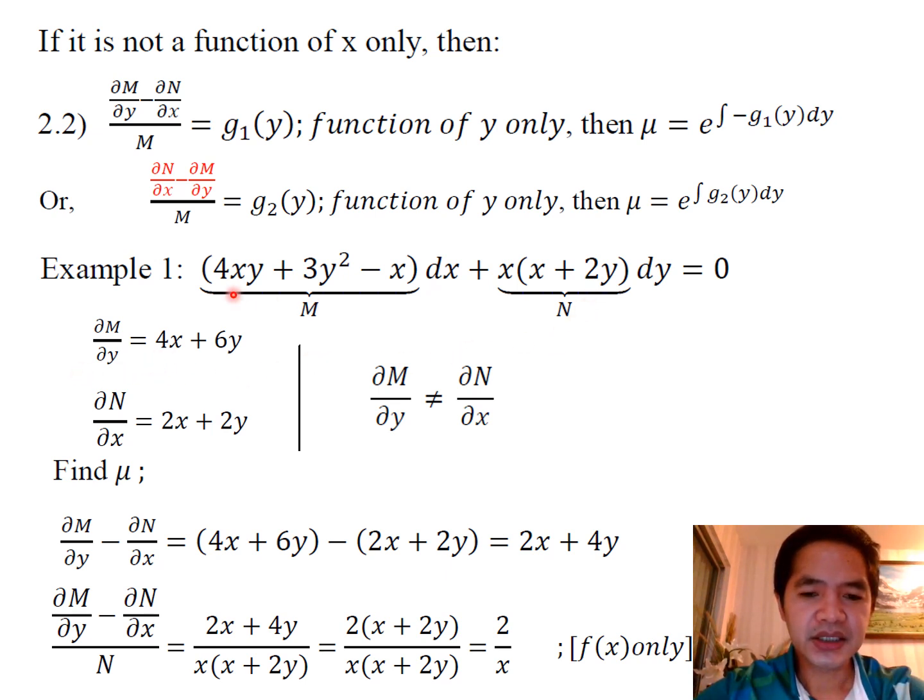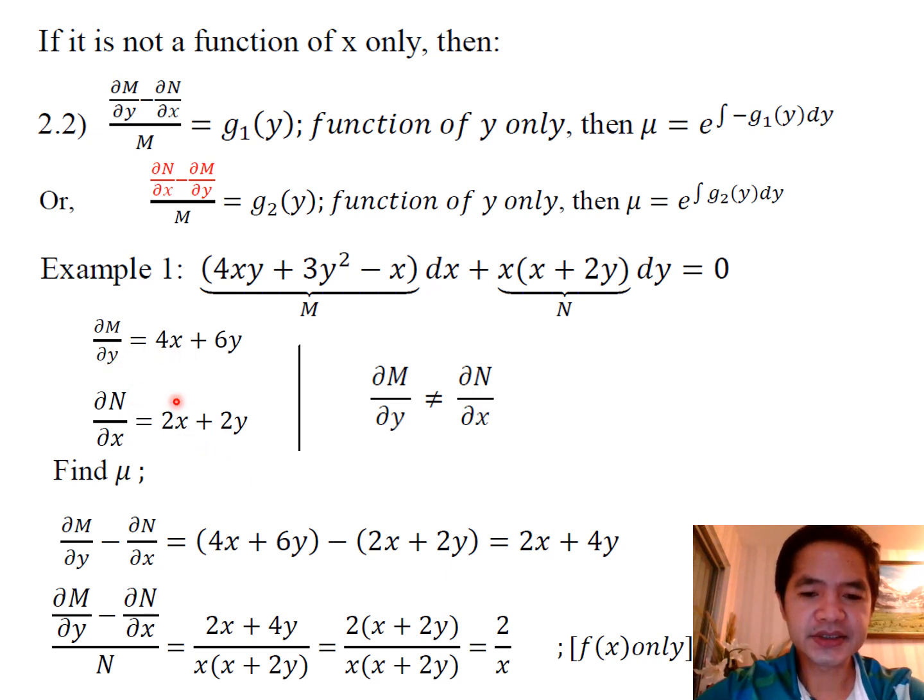So you do differentiation of this. In the first term you get 4x, and this one is 6y. In this term, you multiply x into the parenthesis first, you get x squared plus 2xy, and differentiate with dx, you get 2x plus 2y.